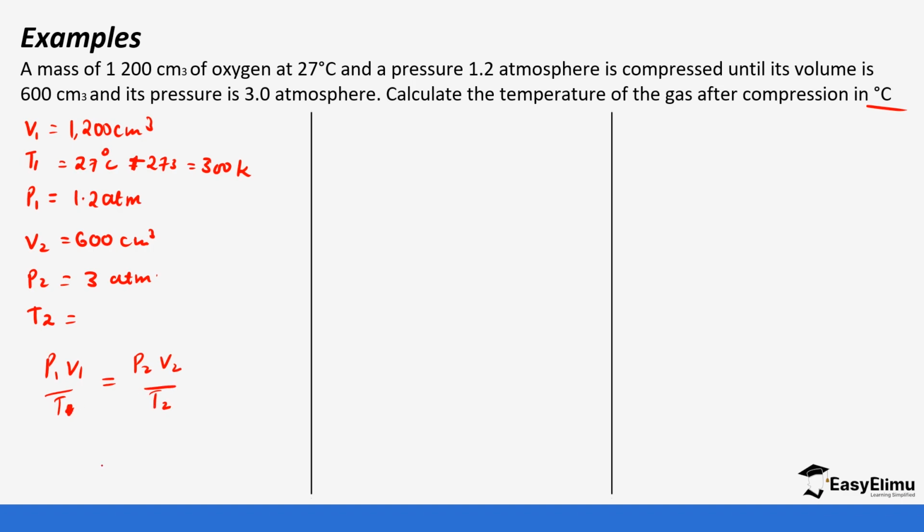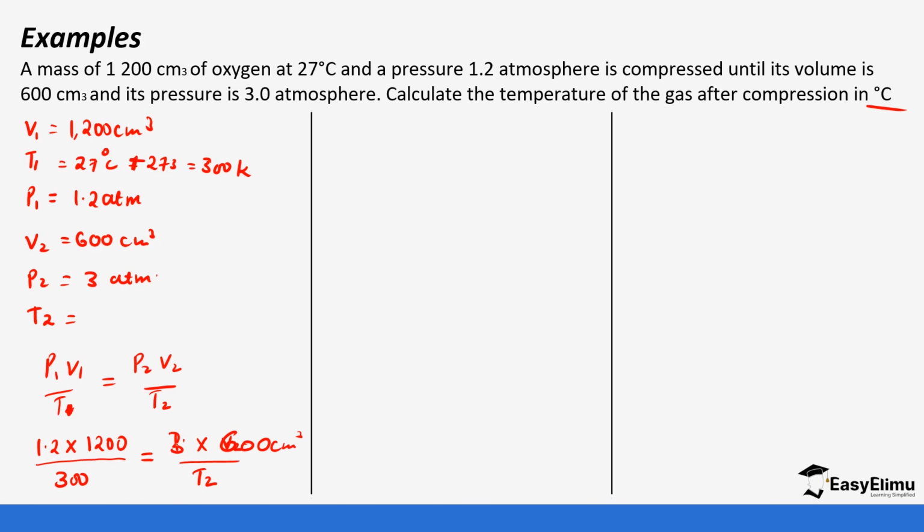So let's input our values. Our P1 is 1.2 times our V1 is 1200, all over our T1, which is 300 Kelvin, is equal to our P2, which is 3 atmospheres, times our V2, which is 600, and then everything over T2, which we do not have.